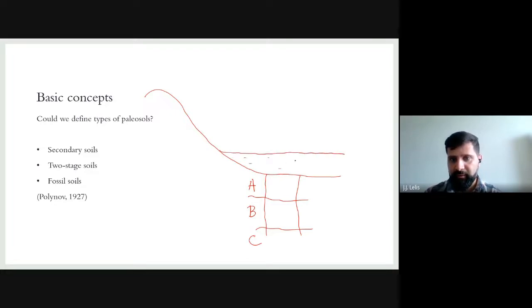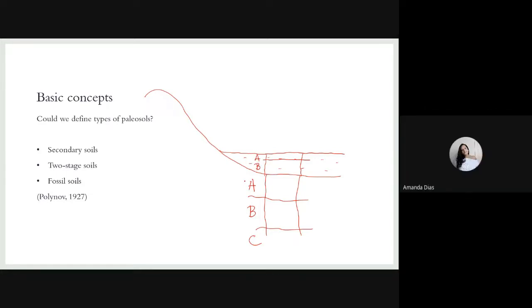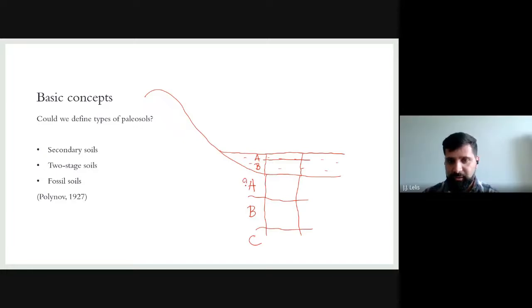So I have some sandy or clayey material, which is not a problem. And some processes start to act here, and we have other horizons. Now we have a new A horizon and a new B horizon, and here we need to change the labels to AB, B, and C.